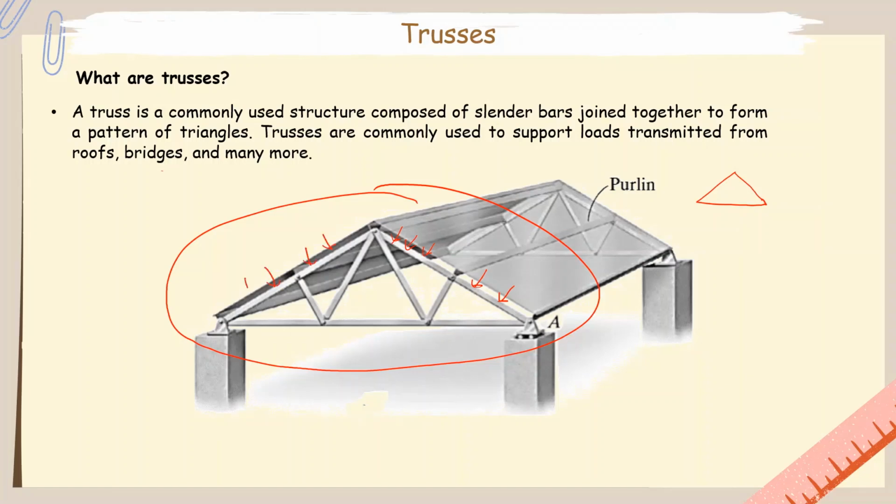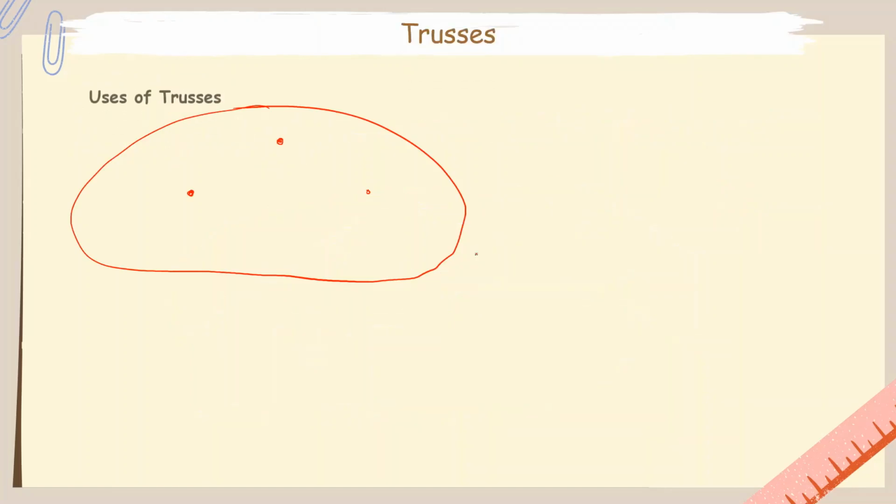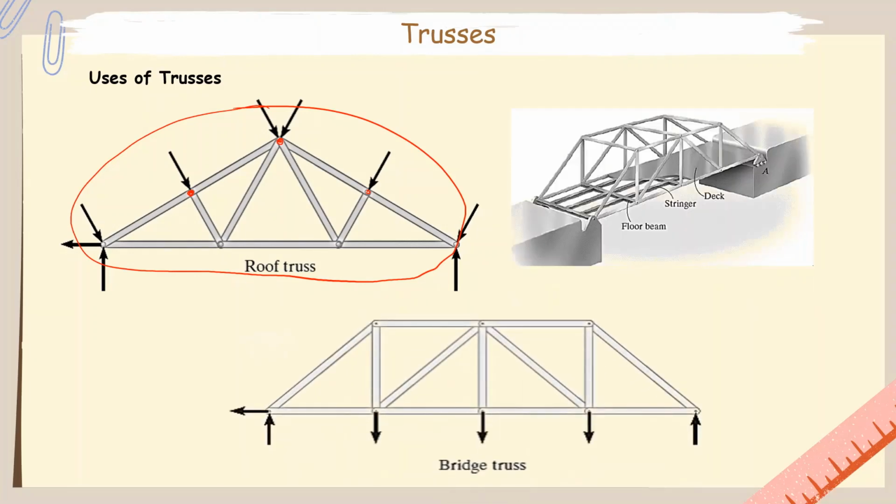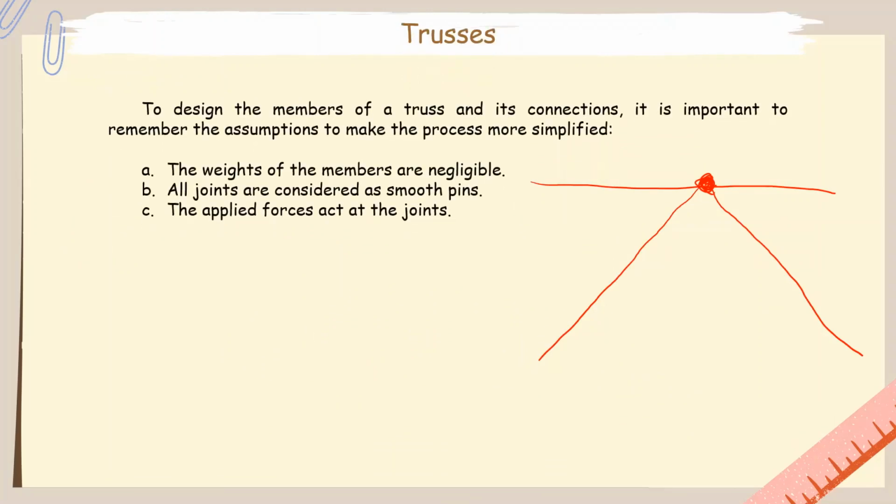So, in our manual solving for trusses, hindi dito naga-act yung mga force, but rather on the joints itself. Sa joints talaga. Okay, so that would be our assumption here. Tingnan nyo, sa joints siya nag-act, yung mga forces. Okay? So, ito lang ang tandaan pag mag-analyze ng truss.